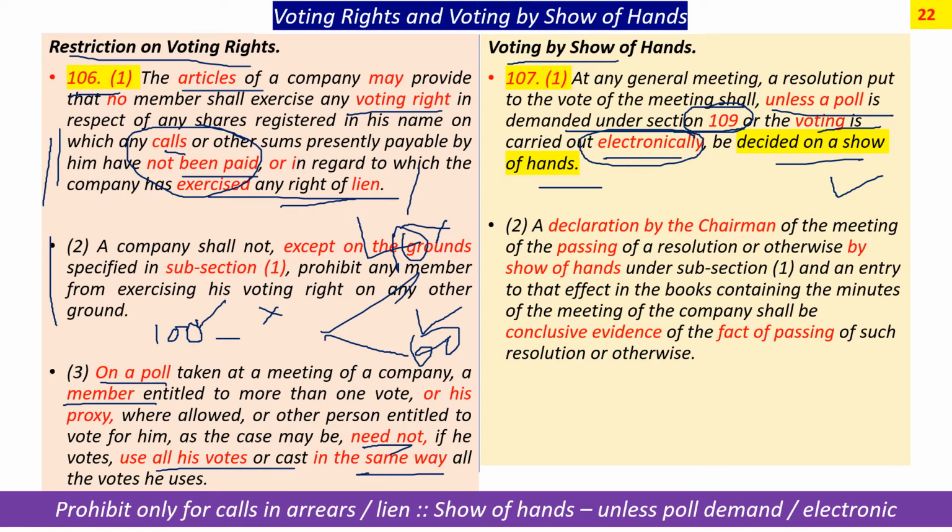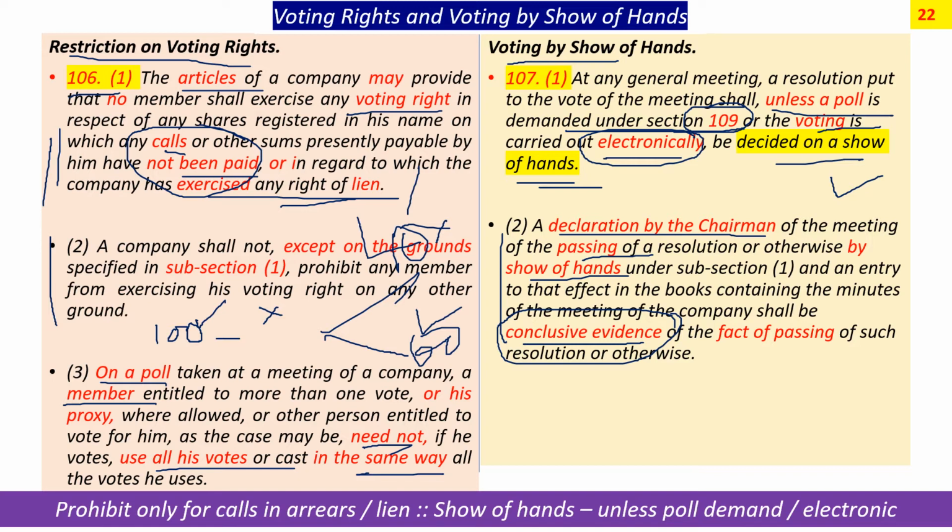operated polling mechanism. And once the polling is done, or in a show of hands, once the chairman declares the resolution is passed by show of hands, it is conclusive evidence. Conclusive evidence means it cannot be reopened.